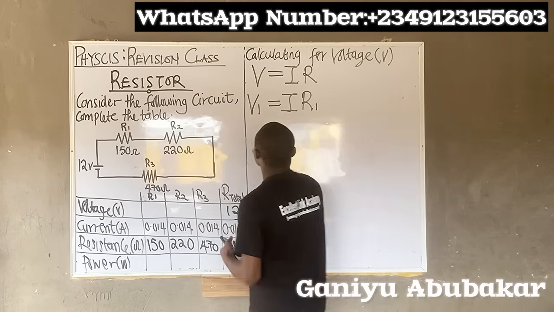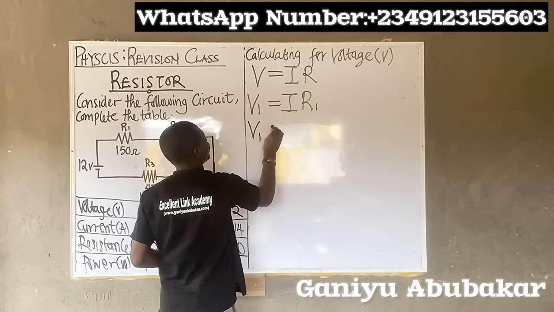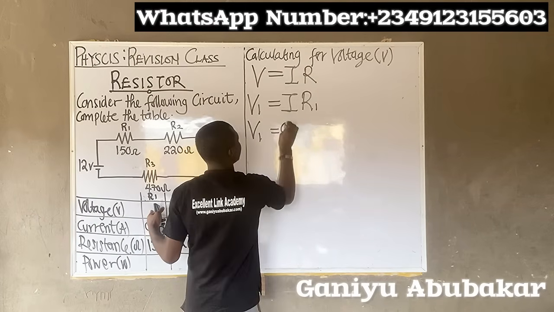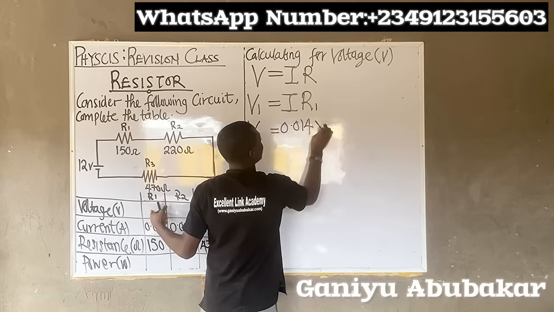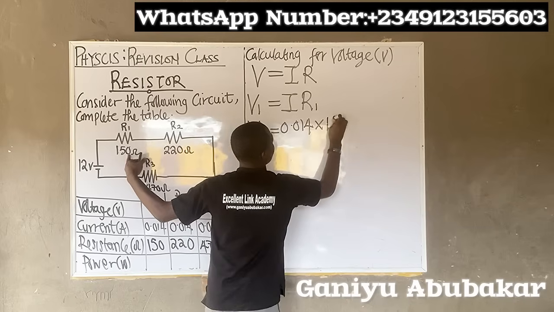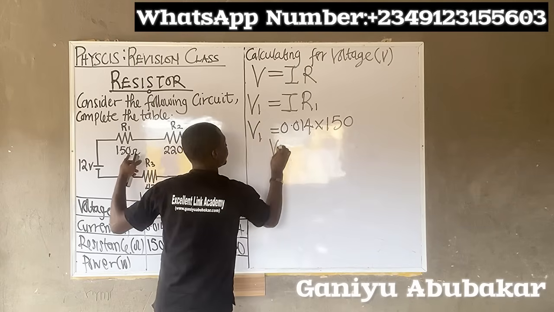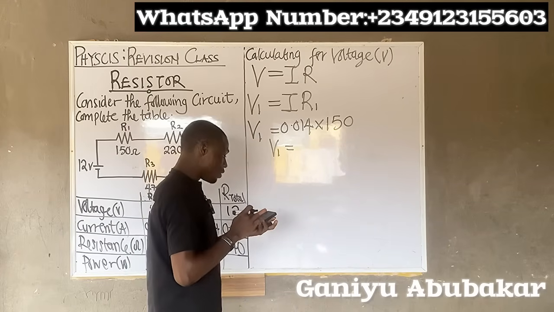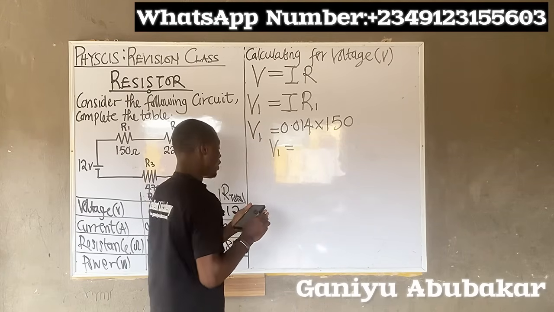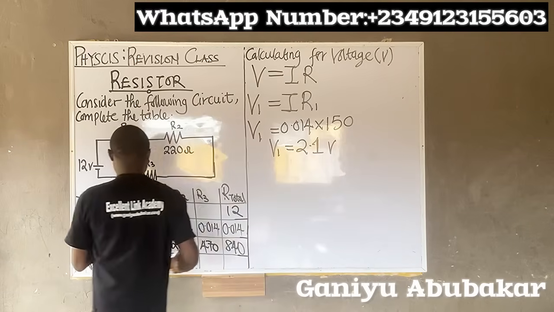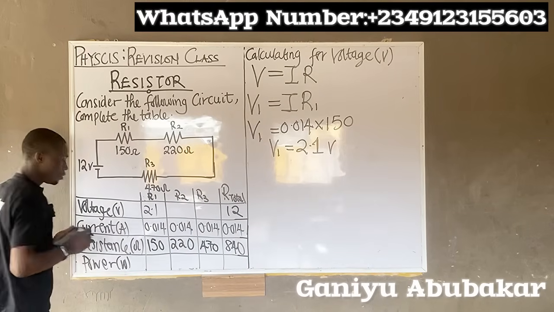So V1, the voltage at section 1, is equal to I, 0.014, times R1. What's R1 there? It is 150. V1 is equal to 0.014 times 150. This gives you 2.1 volts. So my first voltage V1 is 2.1.